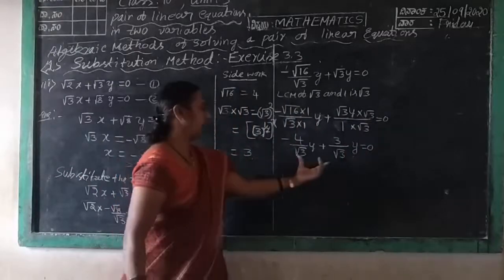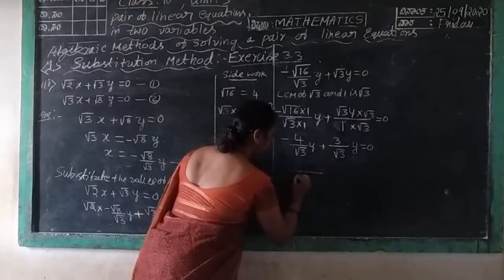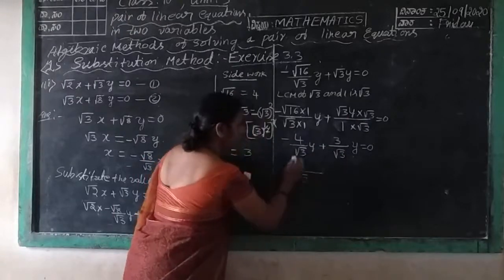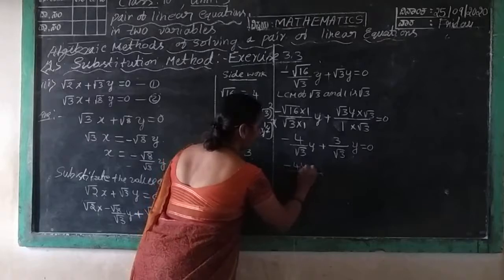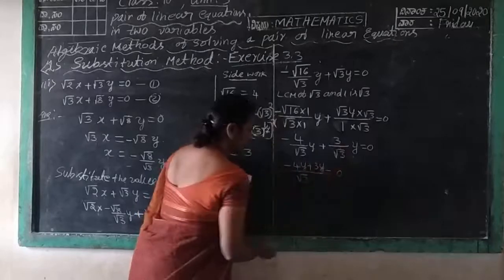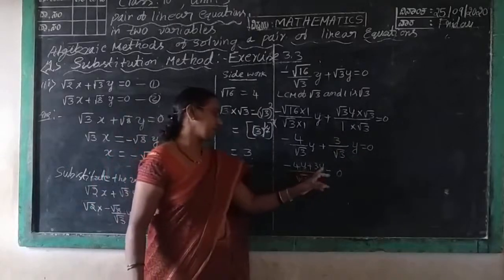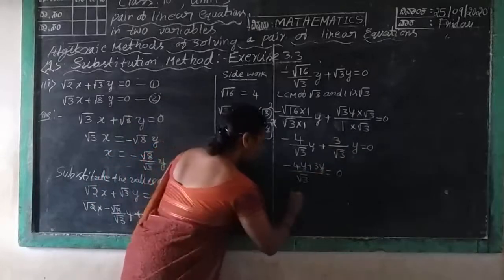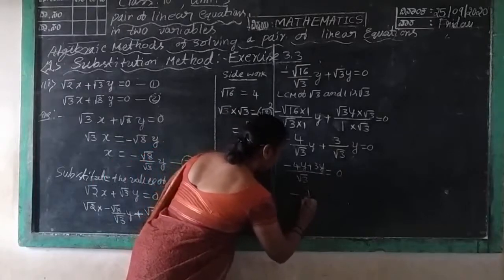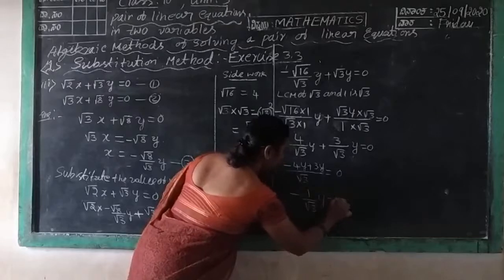Then the denominator is the same, so we directly add the numerators. Minus 4y plus 3y, we subtract and get minus 1 by root 3 y is equal to 0.